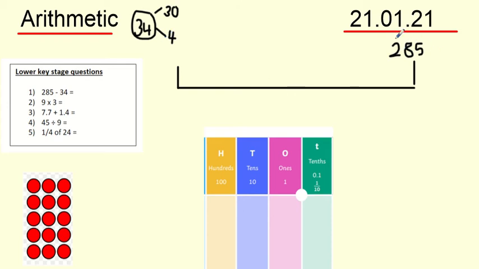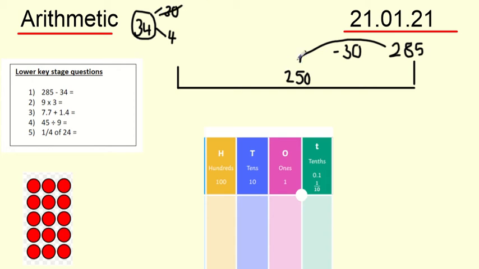Now looking at this number, I could subtract 30 quite easily. I've got 80 in the tens of this number, so 80 subtract 30 would be 50. I haven't subtracted anything from the hundreds, so 250. Okay, so I've subtracted that part.